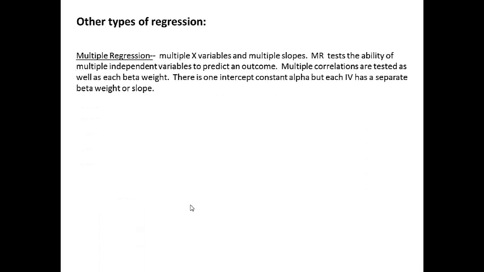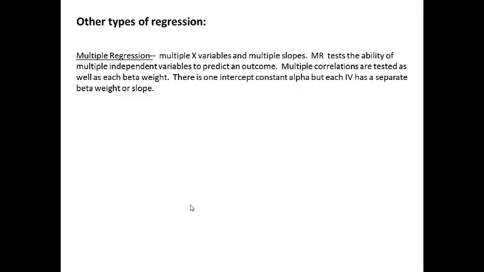Multiple regression occurs when we use multiple independent variables. It will give us multiple slopes. Multiple regression tests the ability of multiple independent variables to predict an outcome. For example, we could use percent body fat and percent muscle mass as a predictor of body mass index, or BMI.